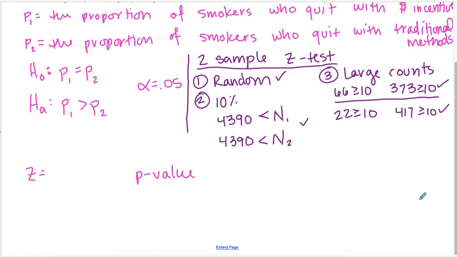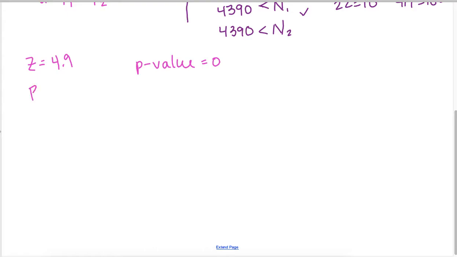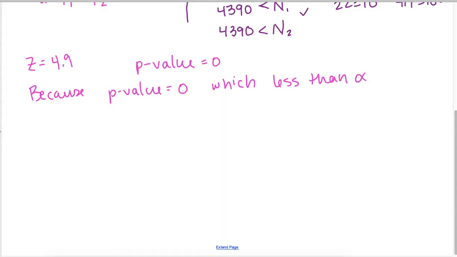So for this, we're going to say we had a z value that is 4.9, almost 5, which gives us a probability of 0. So our conclusion, because the p-value is equal to 0, which is less than any alpha, but we chose at the beginning 0.05, we reject the claim.